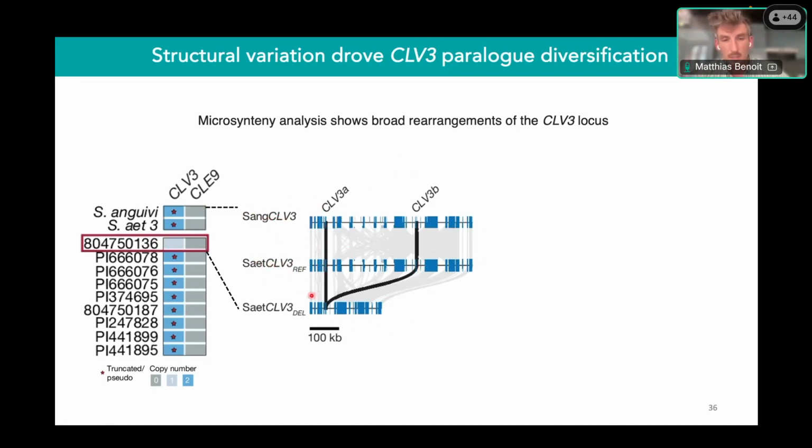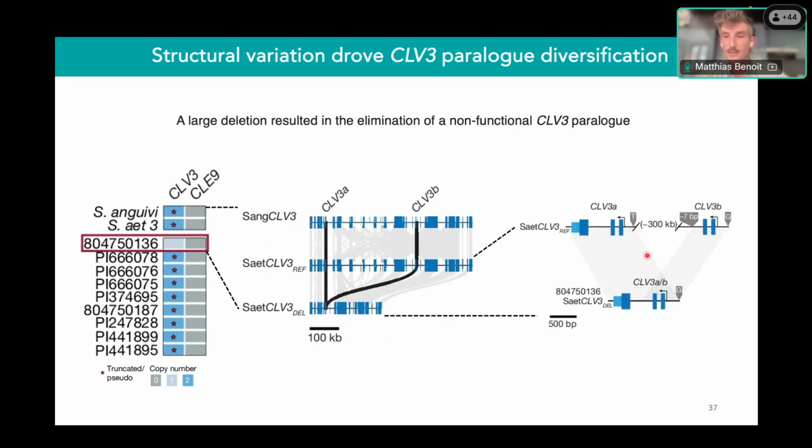And here you can appreciate how widely different the clavata3 deletion accession is compared to the other two, where we could clearly detect a very large genomic deletion, close to 300 kilobases, between the two clavata3 copies.